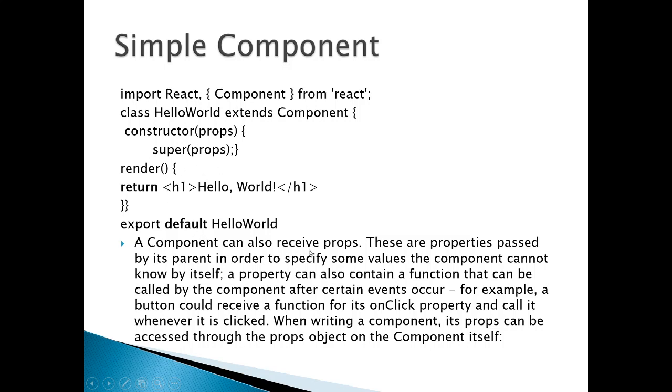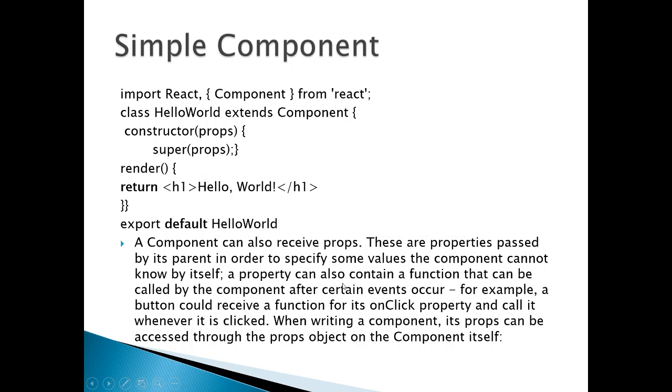A component can also receive props. These are properties. You can see you haven't declared props here, but in the constructor you received the props, and after receiving the props, you can use these props as this.props.variableName. These are the properties passed by its parents in order to specify some values the components cannot know by itself.